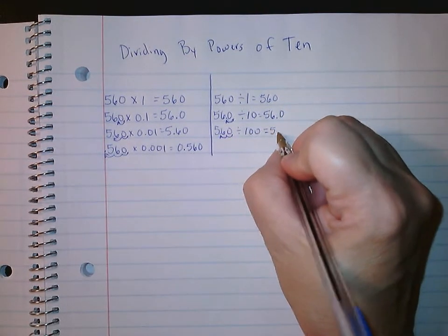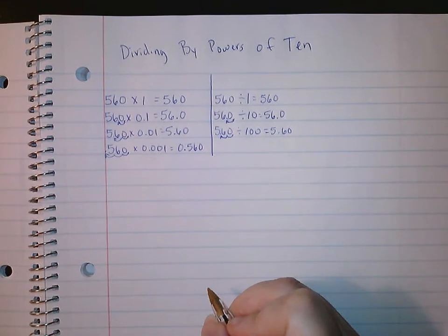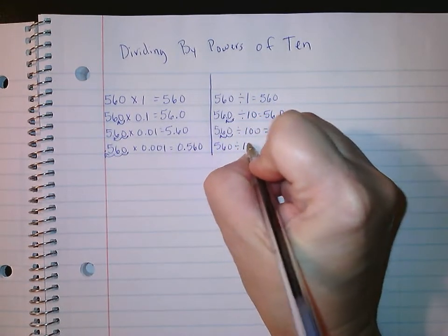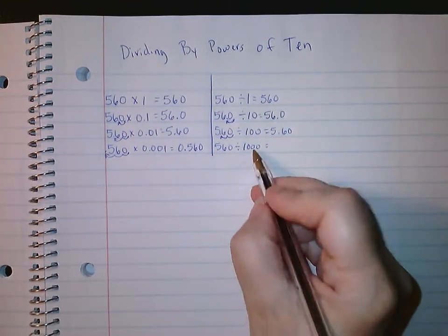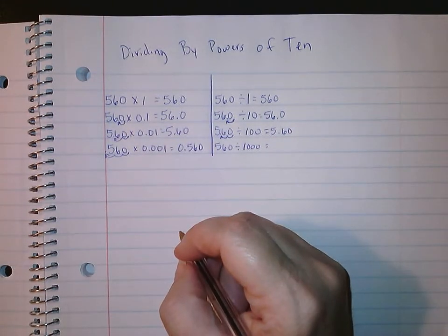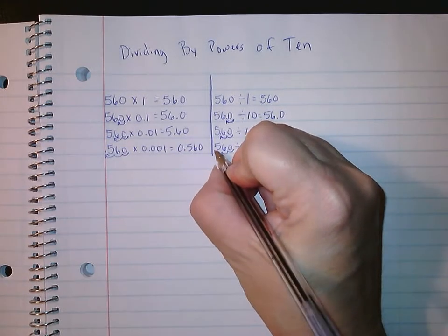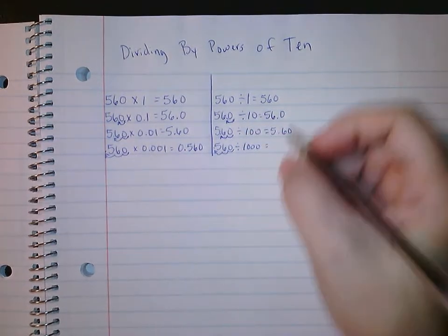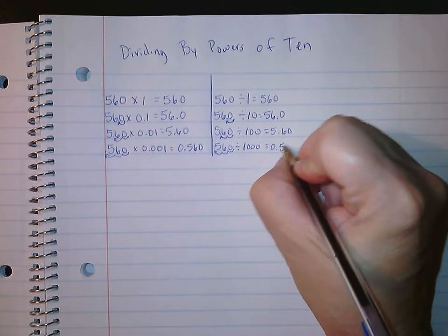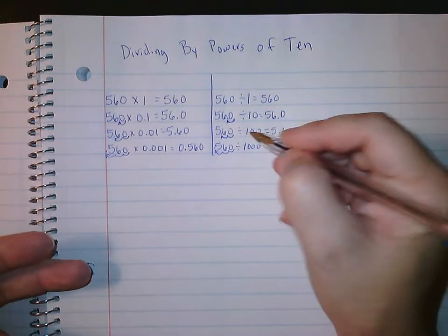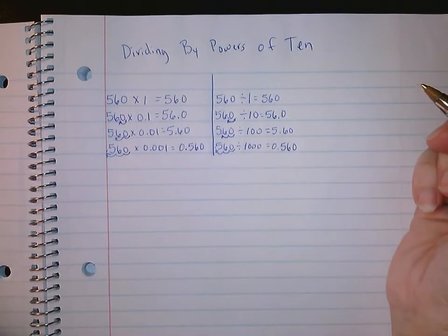So 5 and 60/100ths. 560 divided by 1,000. So I'm going to put it in 1,000 groups. So I'm going to move my decimal 1, 2, 3. There are 3 tens there. So I'm going to have 560 thousandths in each group. So the same principle applies.